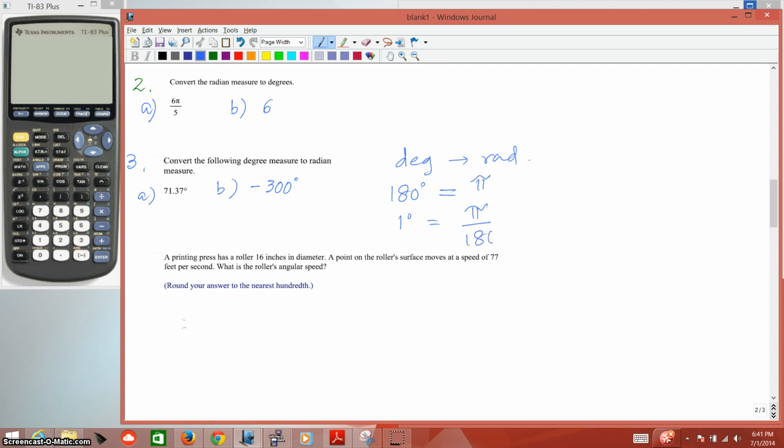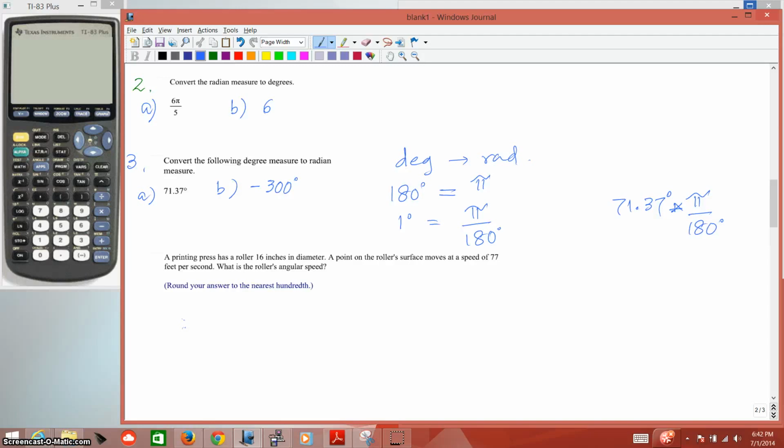If I'm given 71.37 degrees, I want to convert it in terms of radians. I just use that multiplier and plug it in the calculator and round it off to the nearest whatever digit is given. You just do that calculation. Okay, so that's pretty simple.